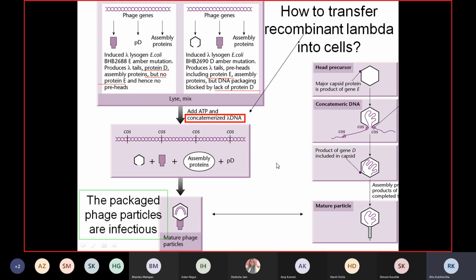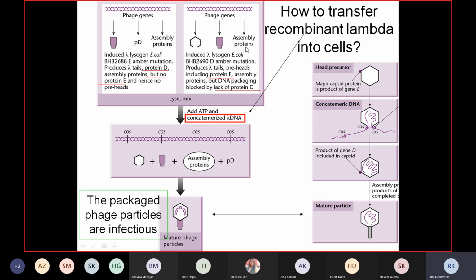But the problem is that it is extremely labor intensive, and it will also require a lot of time. Some of you might have worked with purification of proteins, so you can understand how difficult that strategy would be.